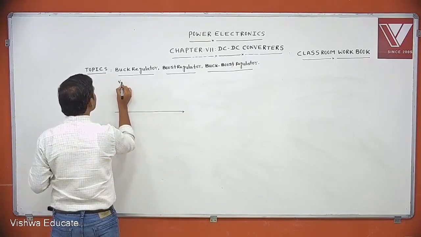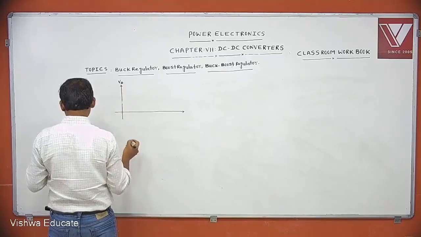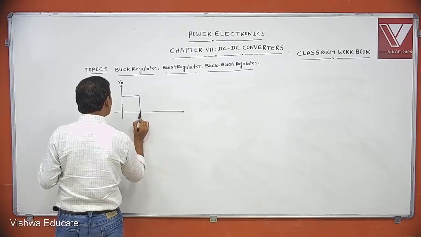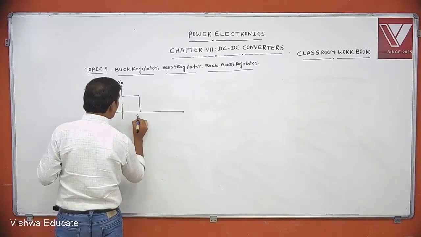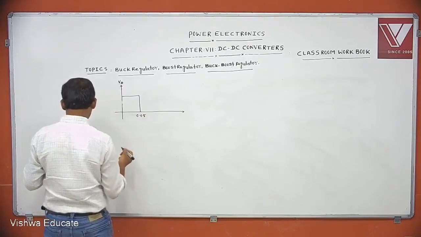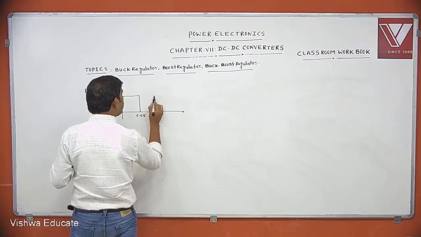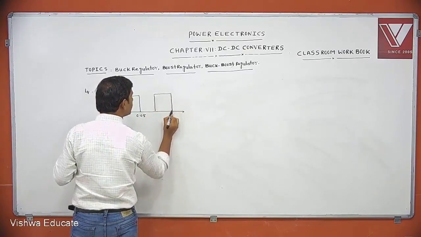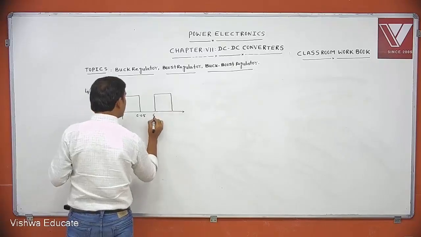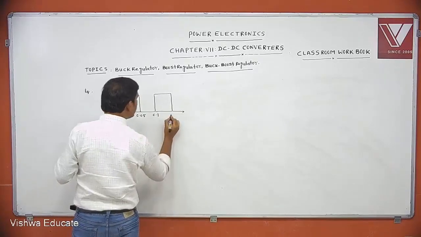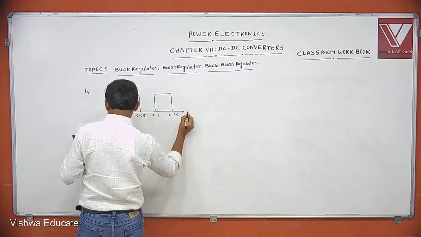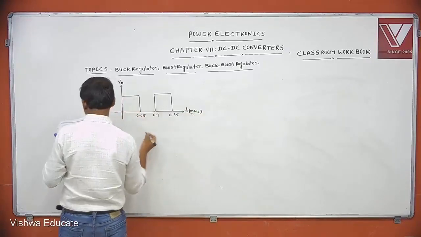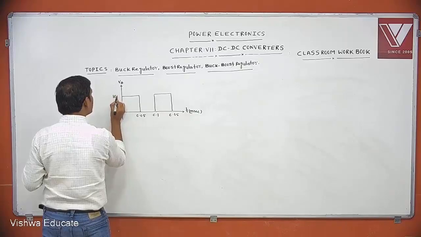If it is the on state, this is the on time, which is 0.05, and this is 0.1. Then this is 0.15. This T is given in milliseconds. And this is given as 100 volts.